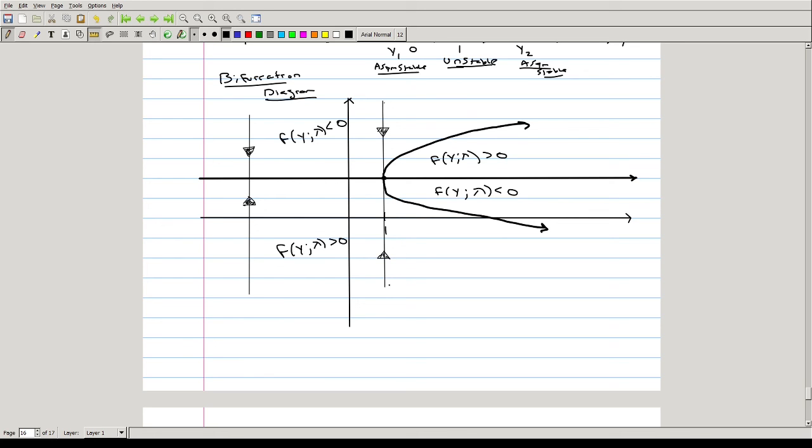But then when lambda is greater than 1, you get a switch. Alright, this is still negative in this region, but it's positive in this region right here. It's negative in this region right here. And it's positive in this region right here.